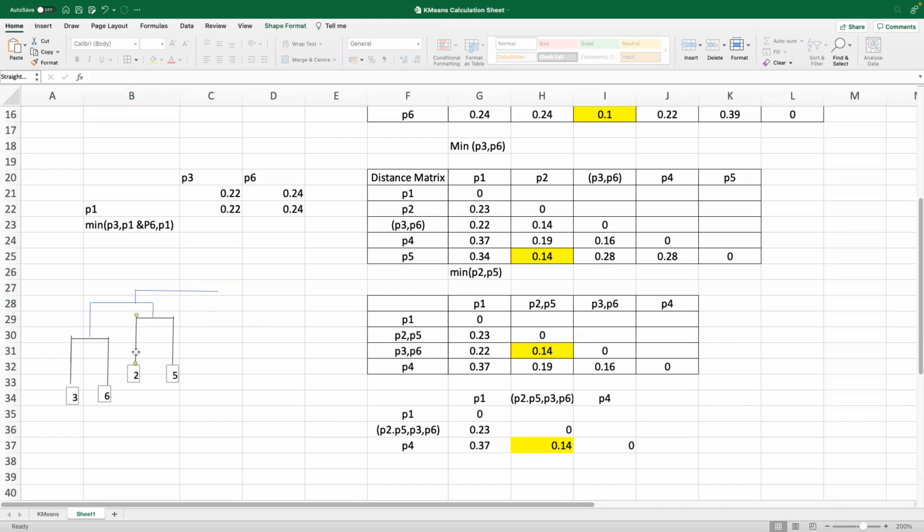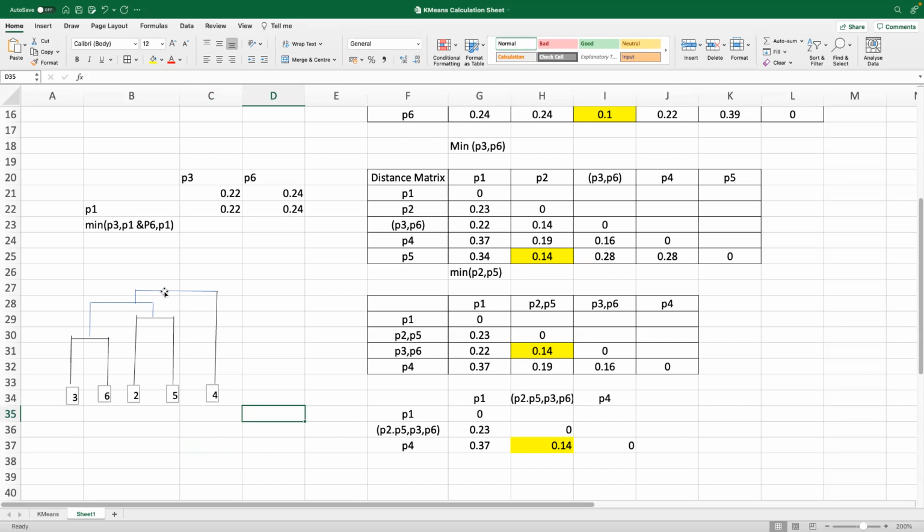These all should be in the same line. 3, 6, 2, 5, 4.